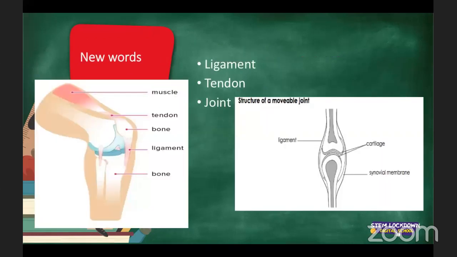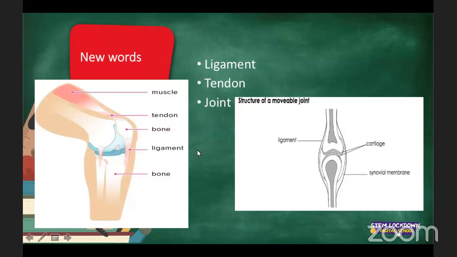Okay, right. Then, new words for today. It will be ligament, tendon, and joint. Let's look at our picture on the left hand side of the screen. The colorful picture is a leg.